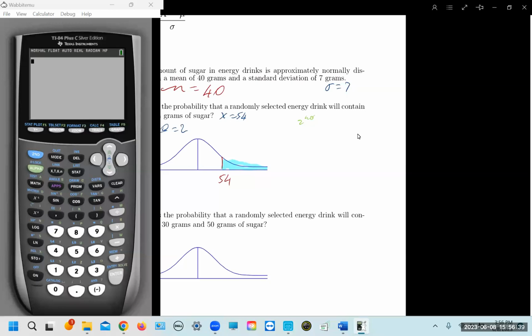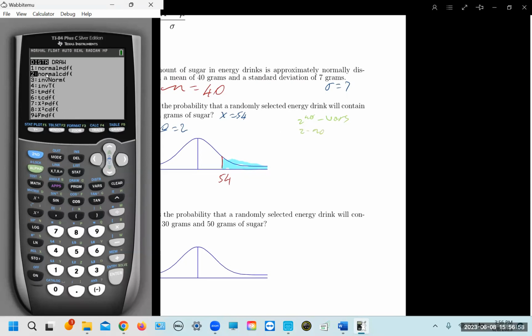Okay, let me bring up the calculator. So calculator's right here. Second vars, and we go down to the number 2, normal CDF. And we know the lower, the upper.